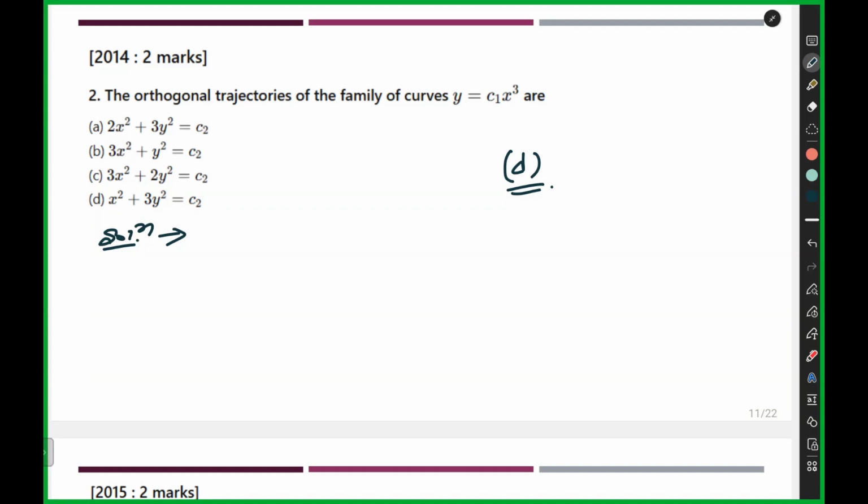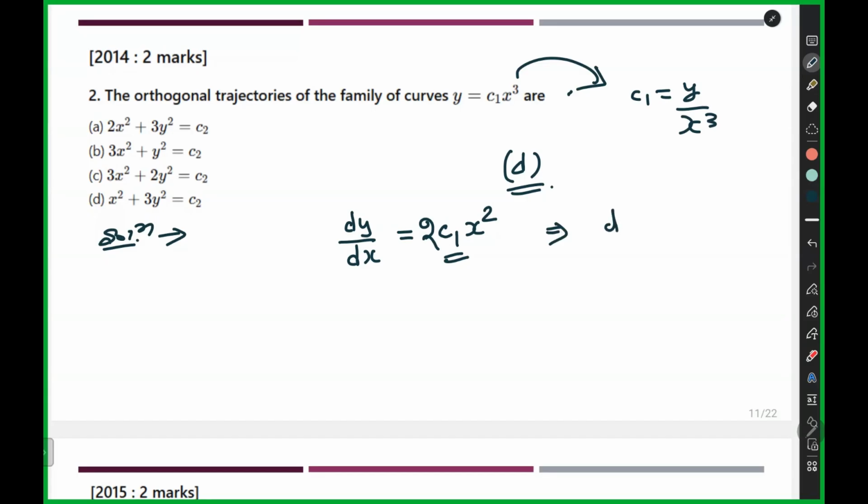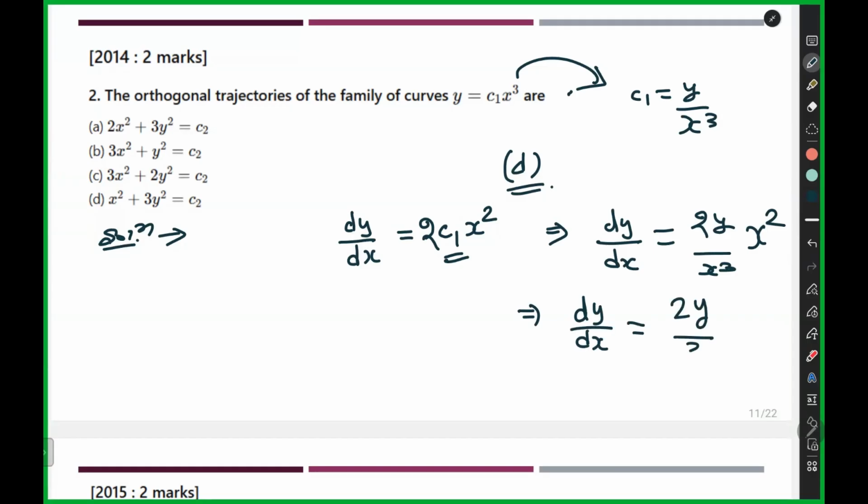Okay. Let me solve it again. Here, dy by dx, simply we are differentiating with respect to x. It is c1 x square. And what you have to do, you have to eliminate the constant. So I can write c1 as y upon x cube from here. So it is nothing but dy by dx equals to 2y upon x.